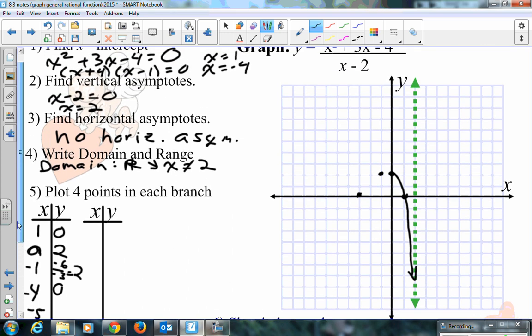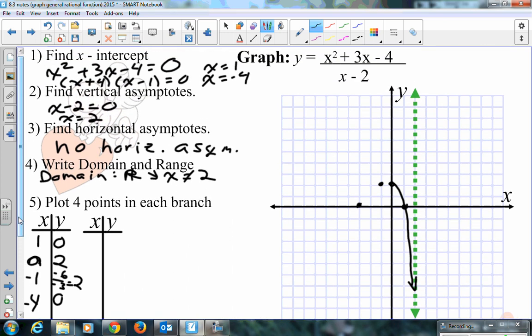If I put in negative 5, I get 25 minus 15 minus 4 on the top. So 25 minus 19 gives me 6. And negative 5 minus 2 is negative 7.